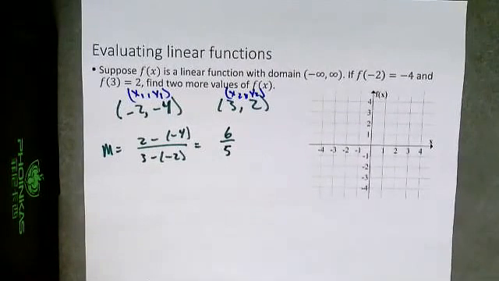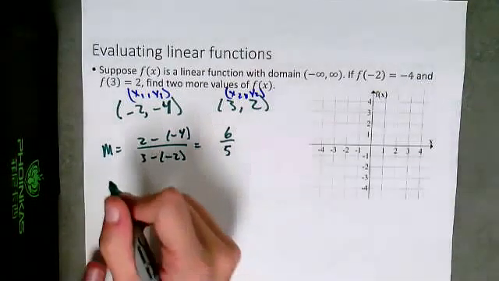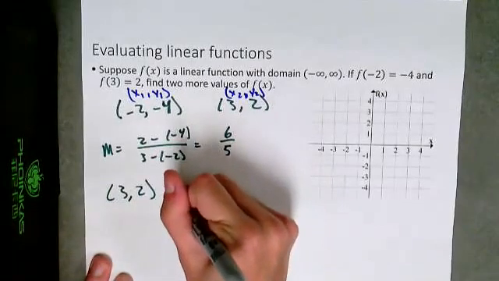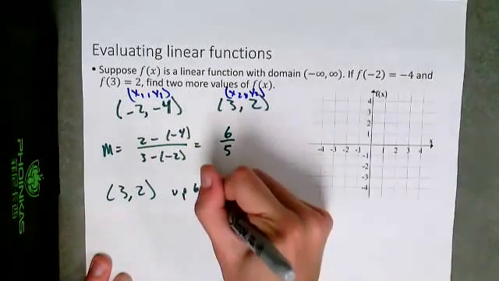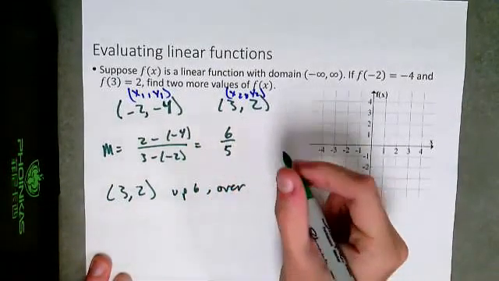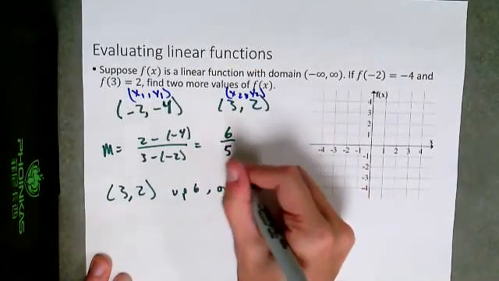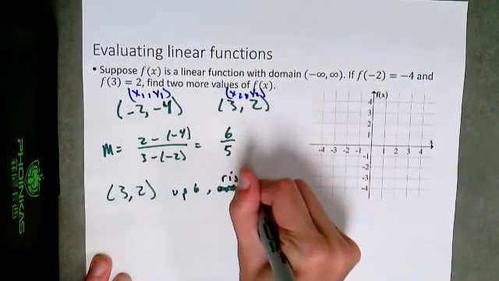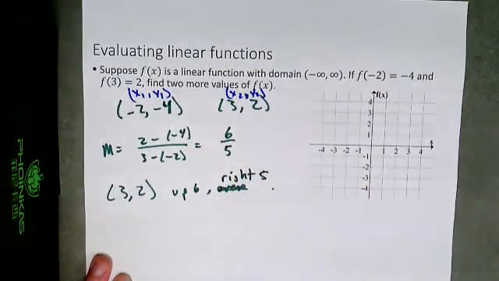All right, so think of it in terms of rise over run from the last slide, and we get that from this point, 3, 2, we go up 6, rise 6, and over to the right, because this is a positive 5. So I should say up 6 and then to the right 5.